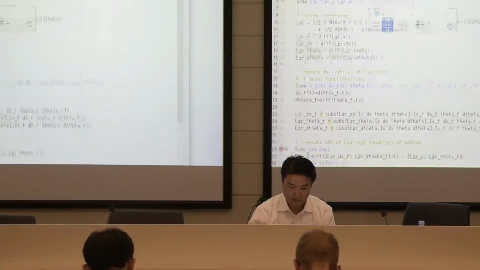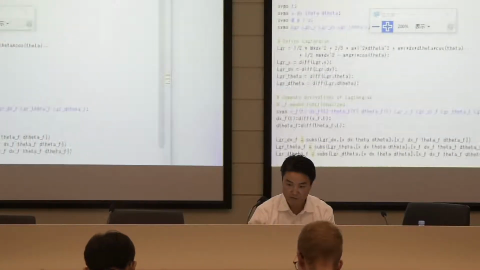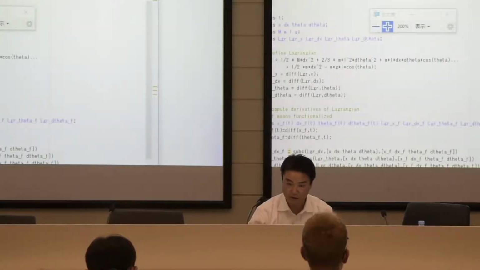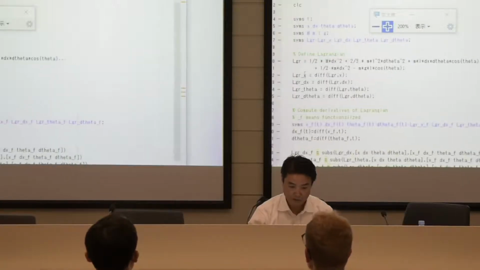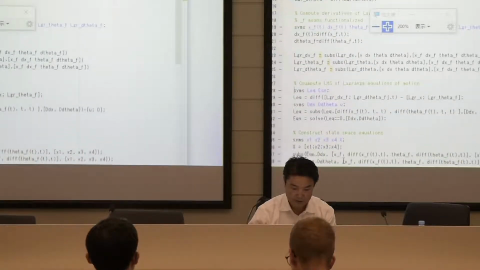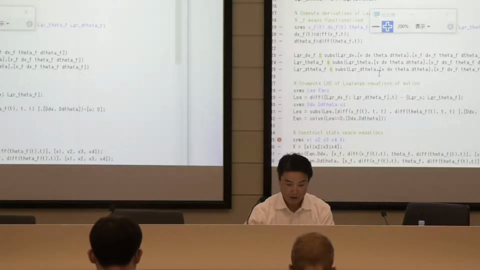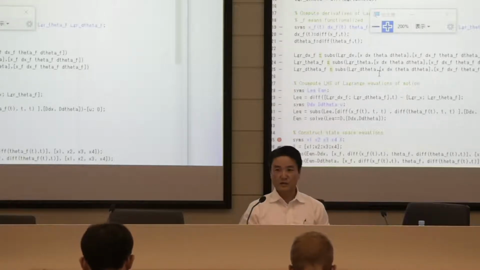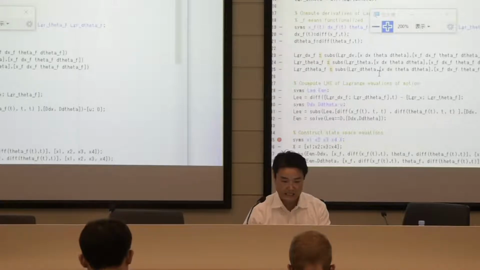So we would like to continue computation. What to do is just end the debug mode, keep computing, and erase this point. So let's compute up to here. Well, there are so many nice techniques in MATLAB.